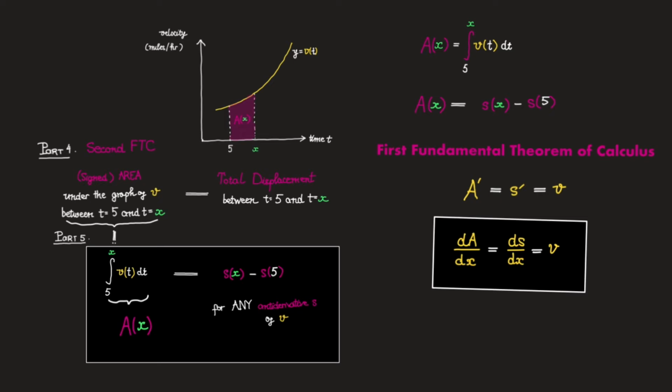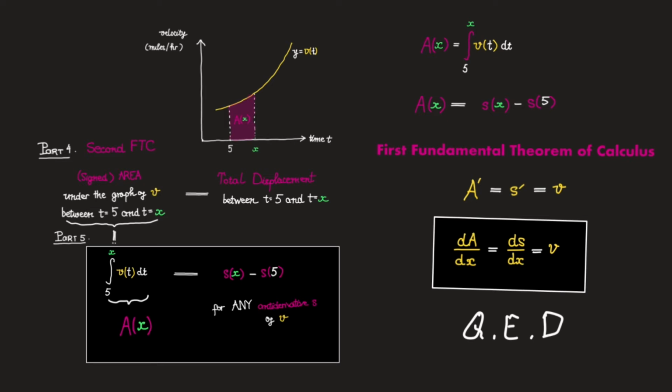Now, if you differentiate both sides of this with respect to x, then since s(5) is constant, its derivative with respect to x is 0, and thus you get that the derivative of A is going to be equal to the derivative of s. But the derivative of s is just v, since s was chosen by definition to be an antiderivative of v. Thus A is also an antiderivative of v, QED.